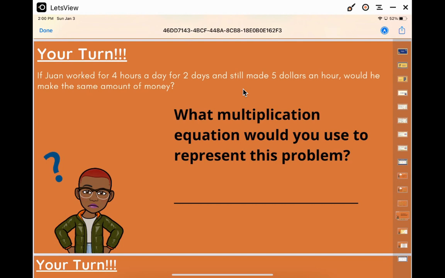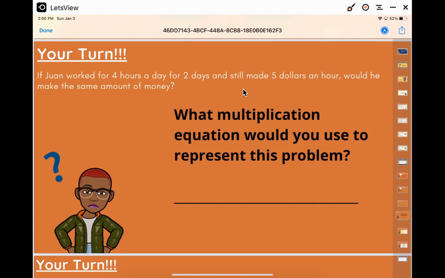This says, if Juan worked 4 hours a day for 2 days and still made $5 an hour, would he make the same amount of money? So our problem has changed just a little bit.